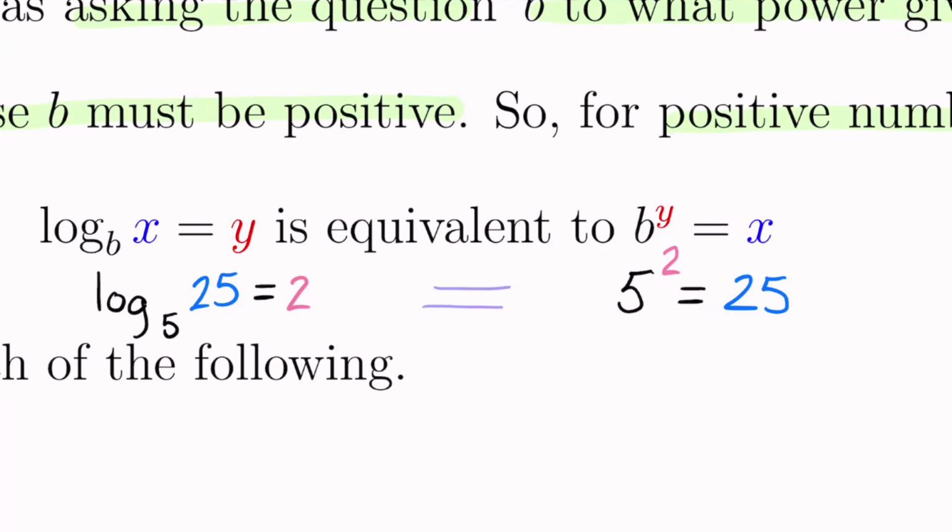These two equations are giving us the same relationship between 5, 2, and 25.